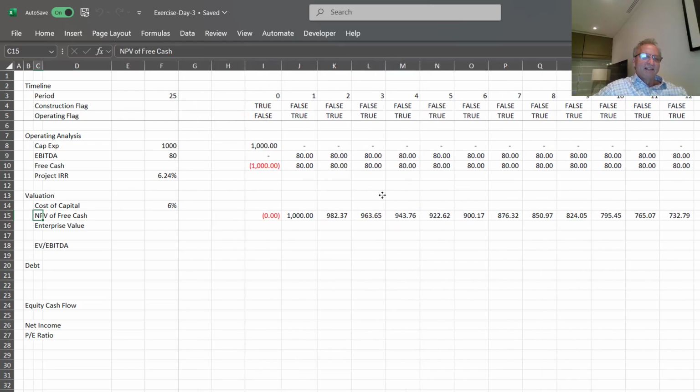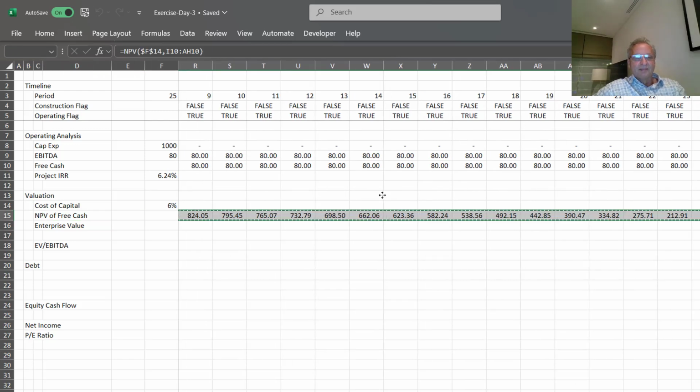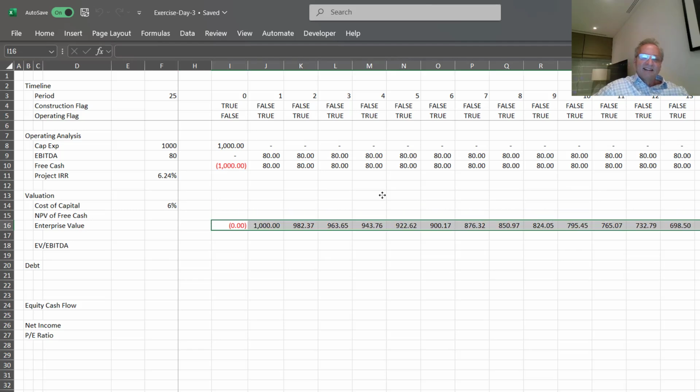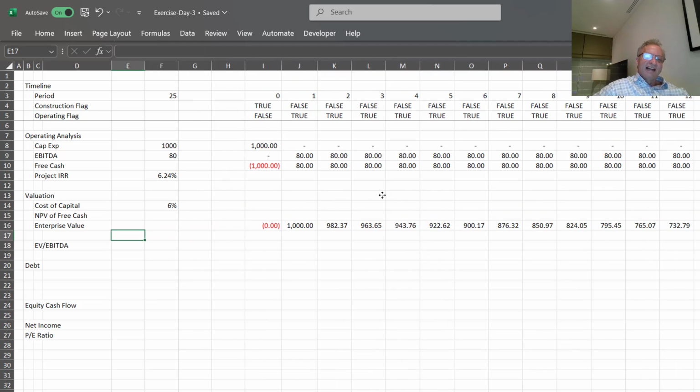And then that's really our enterprise value. Okay, and we can really just compute it after the beginning. And then we can look at our EBITDA and divide it by our enterprise value, or enterprise value divided by EBITDA, excuse me. Now, of course, you could put growth rates in and everything else.